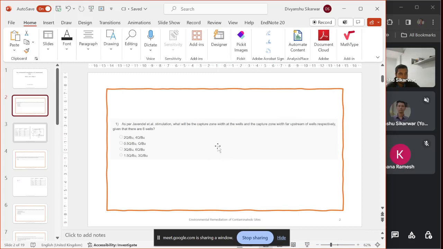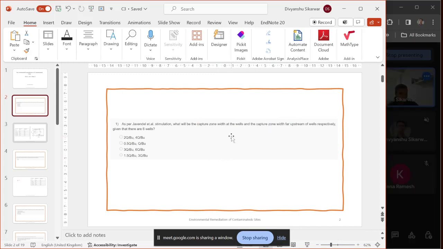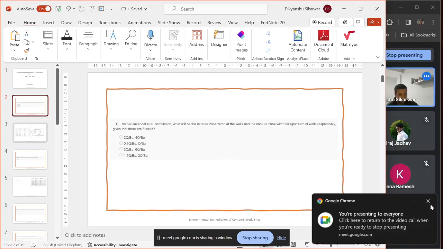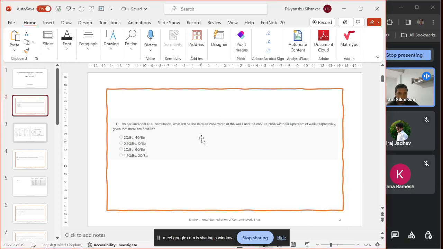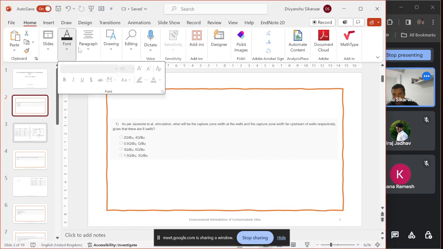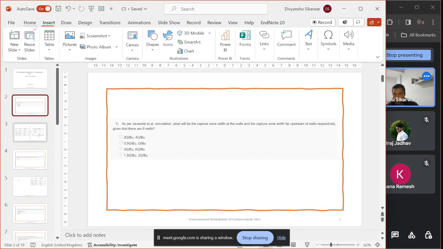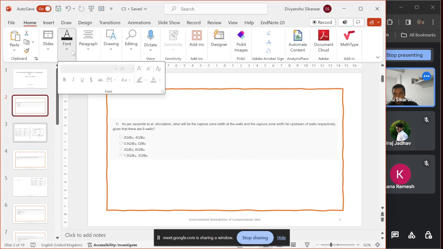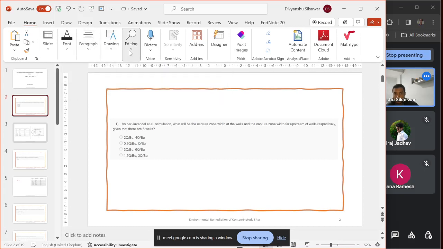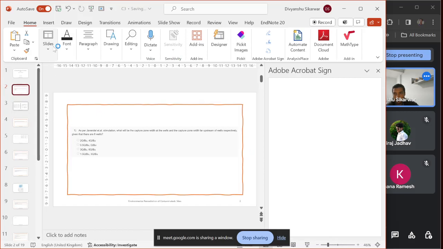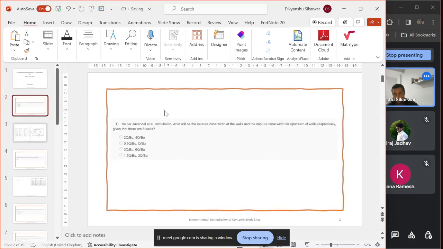This is the first problem. This is the method which was discussed in the class.